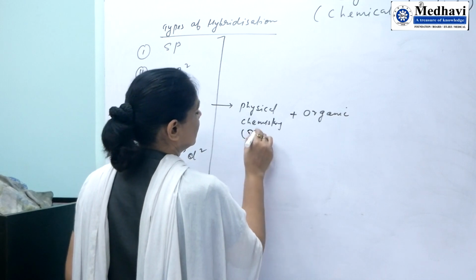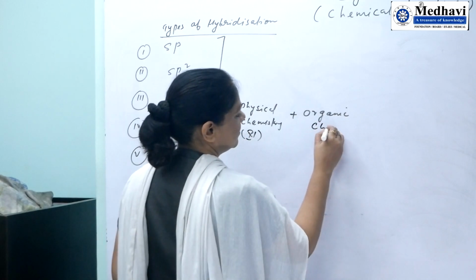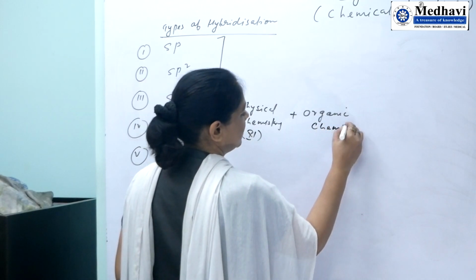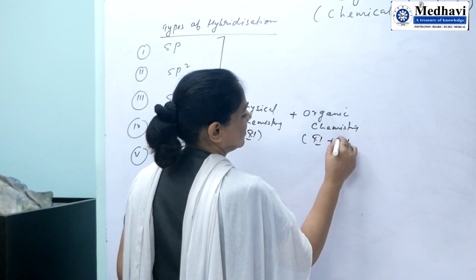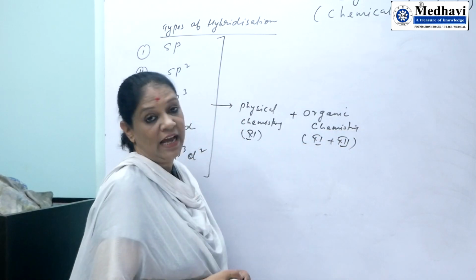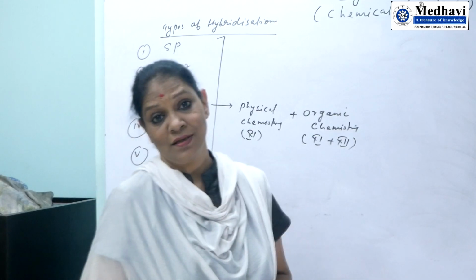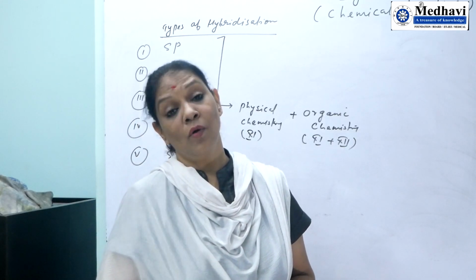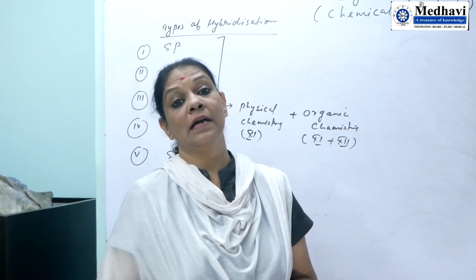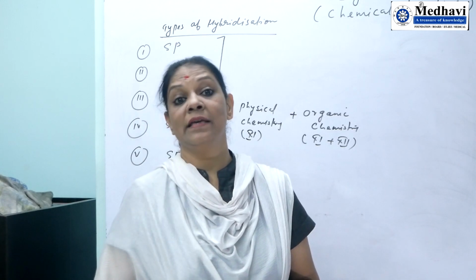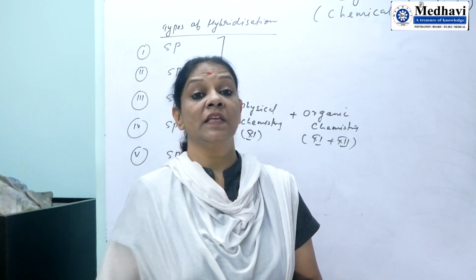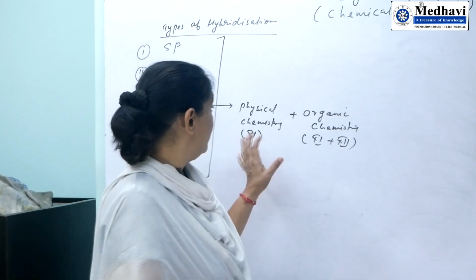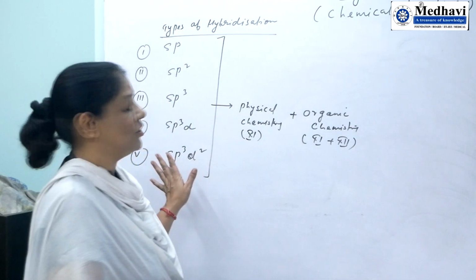In organic chemistry we have to find the hybridization of organic compounds like ethanol, like chloroethane, like ethanamine. So here only these hybridizations we will use.